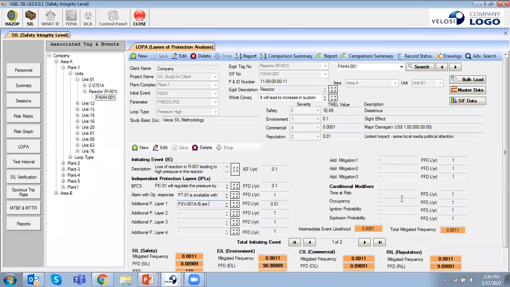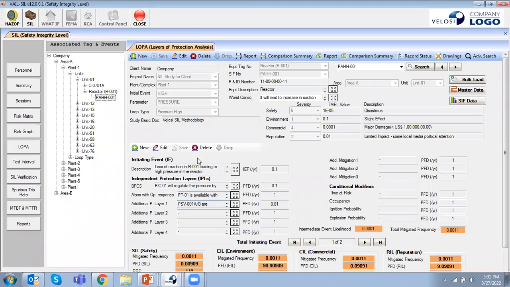If we are using any conditional modifier like time at risk factor, occupancy factor, ignition probability or explosion probability in case of fire, it will also multiply with these values. So now 0.01 multiplied by 0.1 multiplied by 0.1, we have 0.0001. It is the IEL, intermediate event likelihood, the formula we have seen in the presentation.